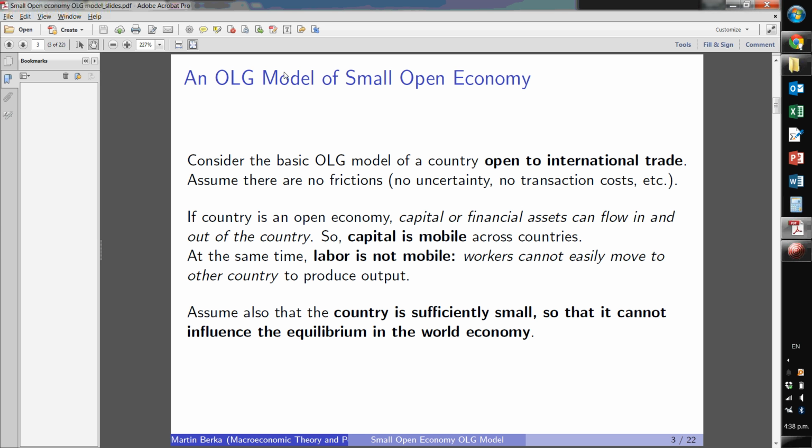Consequently, we model the rest of the world as a single entity for simplicity, and we will assume that none of the world variables, most importantly the interest rate, will be influenced by whatever is happening in the small open economy. However, the reverse is not going to be true. All of what is happening in New Zealand will be influenced by what is happening in the world economy. So it's a one-way causality in our model.